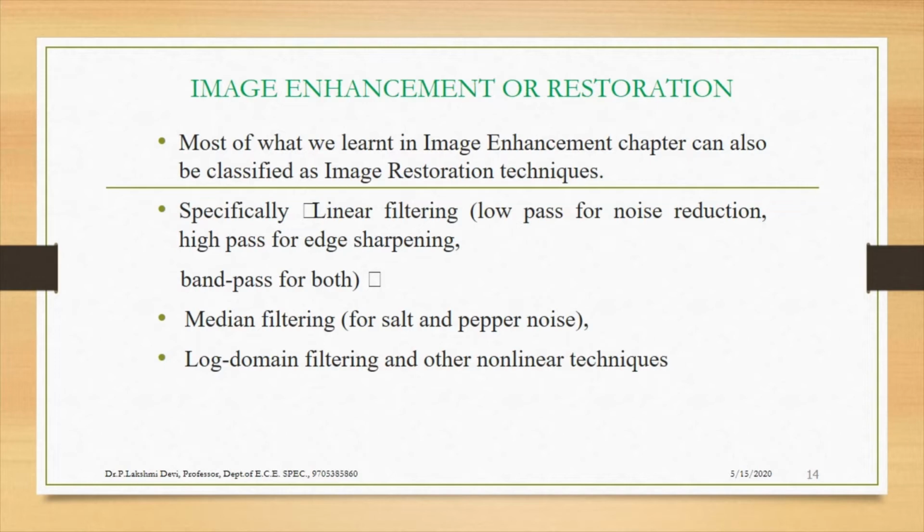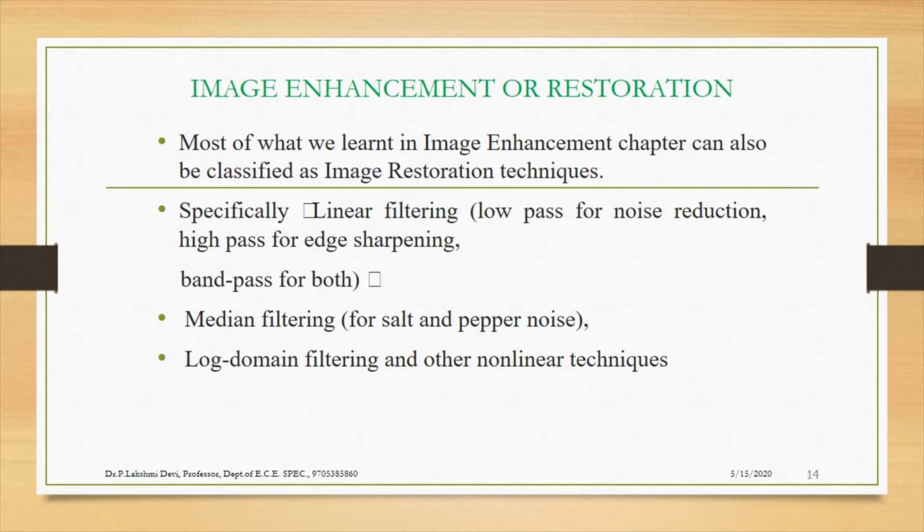Specifically, linear filtering: low pass for noise reduction, high pass for edge sharpening. Linear filtering concepts you can use: low pass filters for noise reduction and high pass filters for edge sharpening. Band pass filters we also have, and band reject filters.